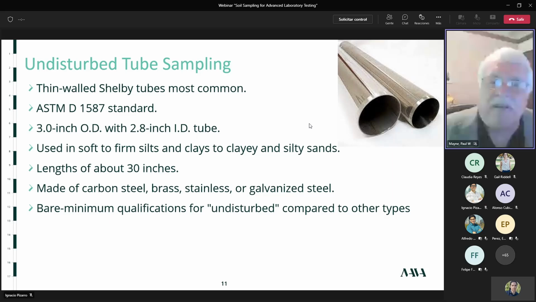They're typically about 30 inches long. They're typically made out of carbon steel, but they can also be made out of brass or stainless, especially if you're working in a saltwater environment. You don't want the material to be corroding after you've taken your sample. However, this is like the bare minimum for the qualification to call it undisturbed. Next.